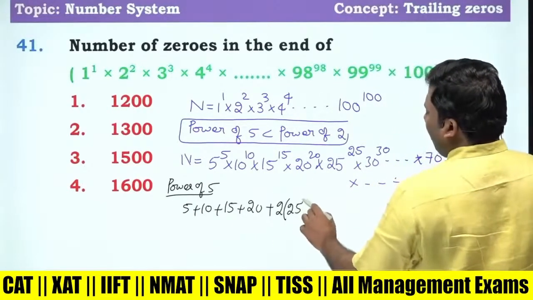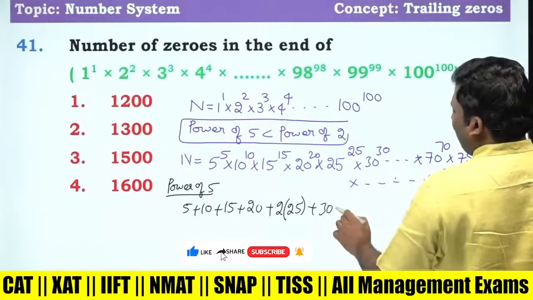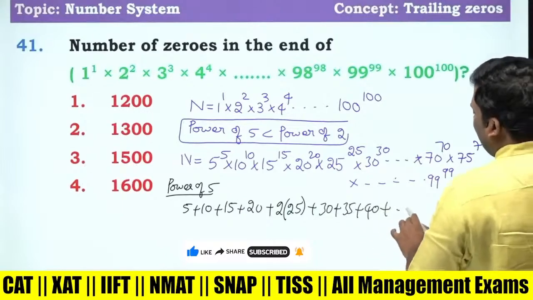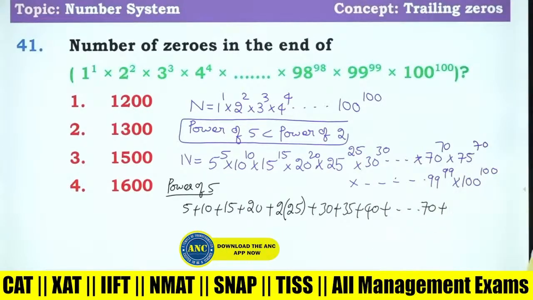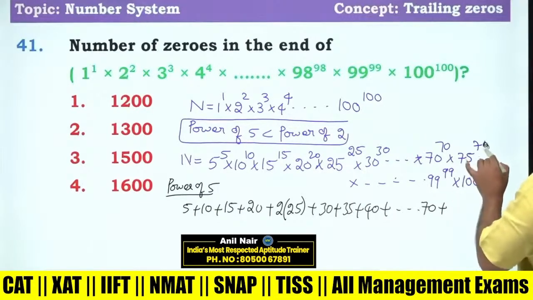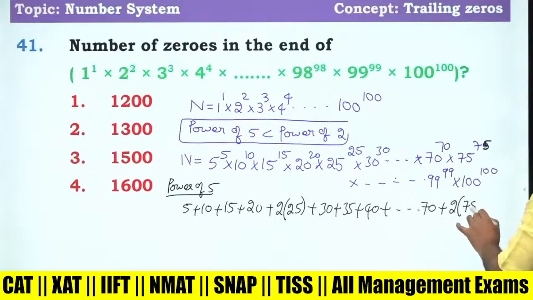Are you all with me? Next again, 5 into 6, 5 into 7, 5 into 8, 5 into 9, and so on up to 70. 75 is 5 square into 3, so it is 75 power 75, giving 2 into 75.